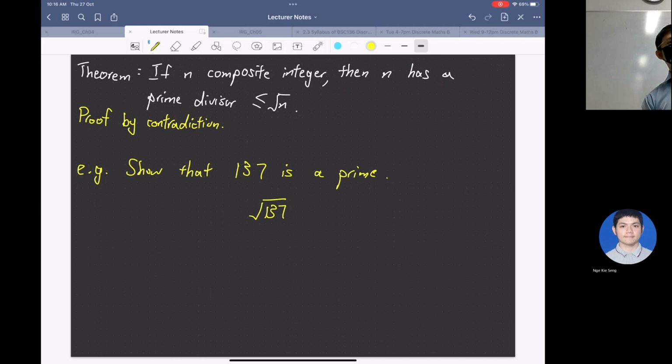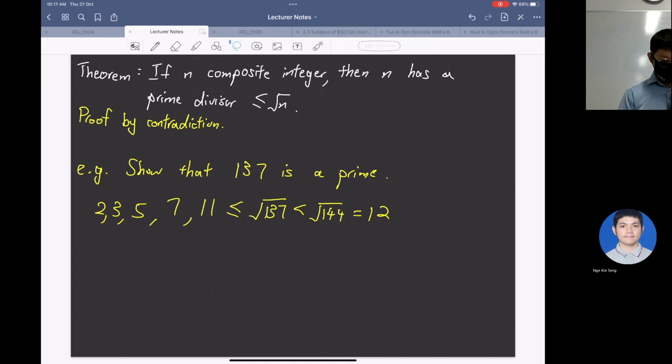I don't know, but you can estimate it by square root 144, which is 12. So you just need to consider all the primes that are less than 12: 2, 3, 5, 7, 11. There are only 5 of them.